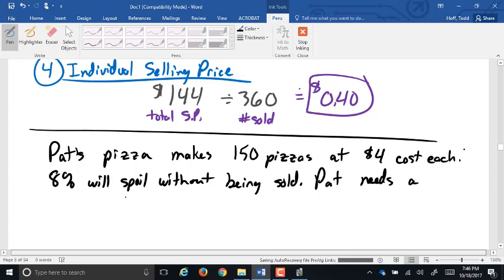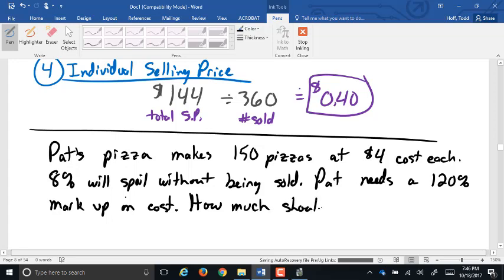Pat needs a 120% markup on cost. How much should be charged per pizza?